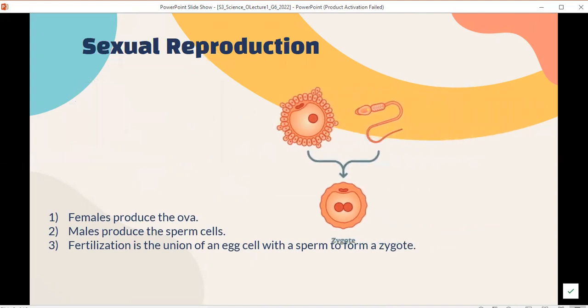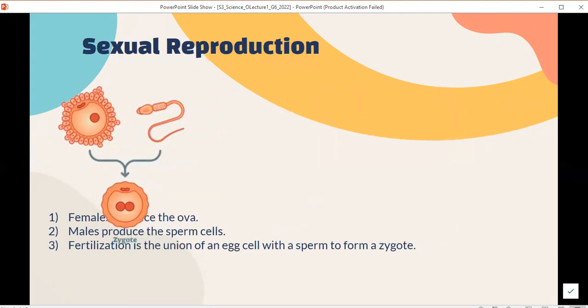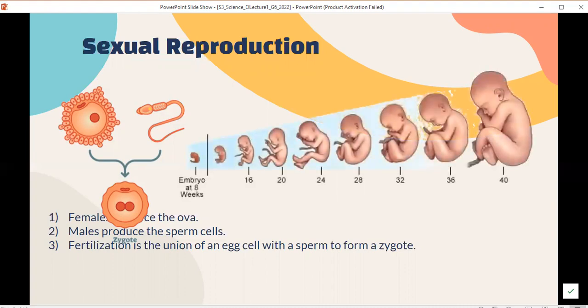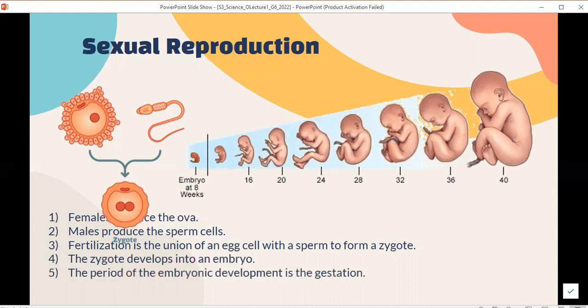This egg cell, the zygote, is how we all started inside our mom's bodies, as a one-cell egg. This cell will develop and grow into an embryo. This embryo will grow into a baby.